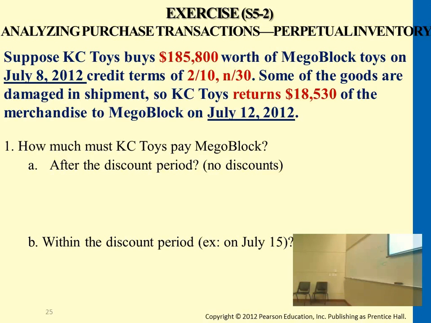And if they pay within the discount period, both cases using the same data here, what would be the amount? Today let's just deal with the amount, not the journal entry. Just think about what is the dollar amount you're paying after the discount period, or if your company is able to pay within the discount period.